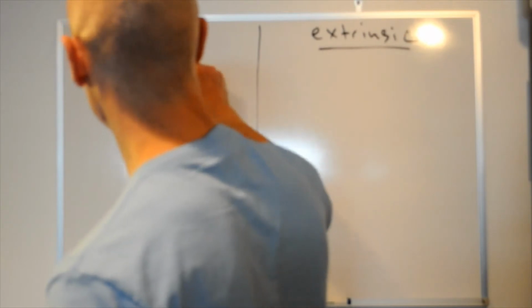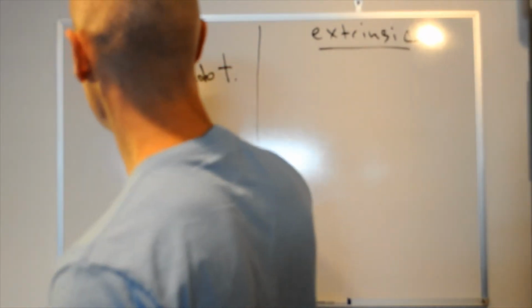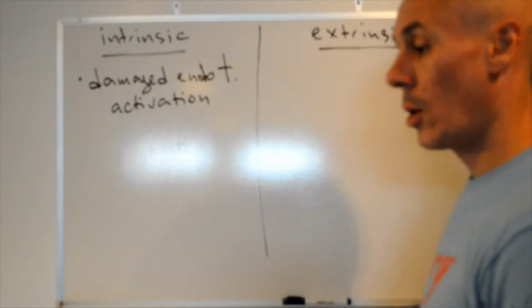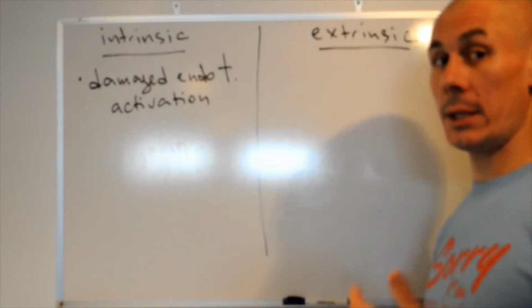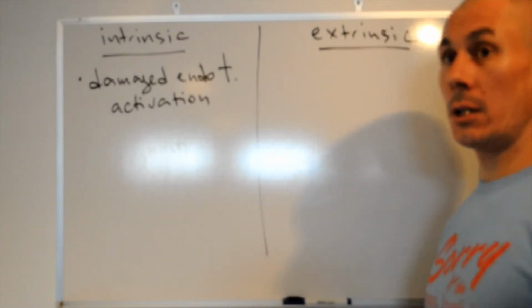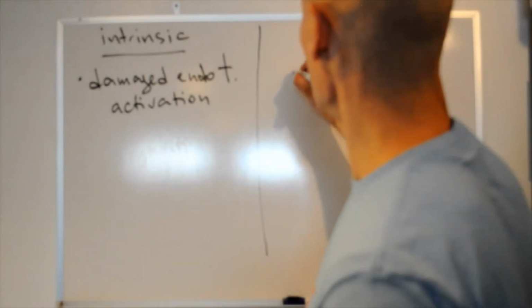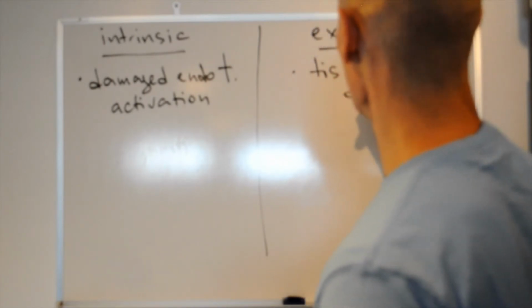While the extrinsic pathway is activated by the tissue. So the trauma is significant enough that it permeates the blood vessel and leads to tissue damage. So that's what activates it, tissue damage.